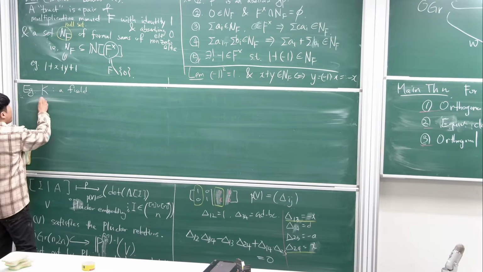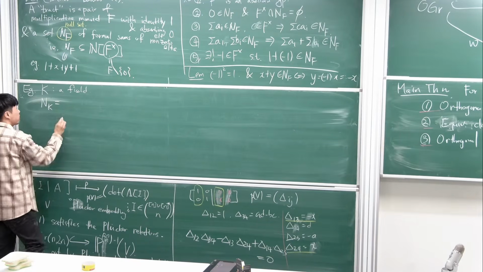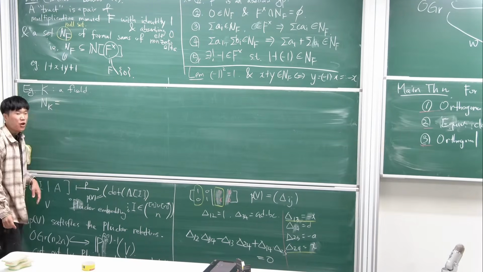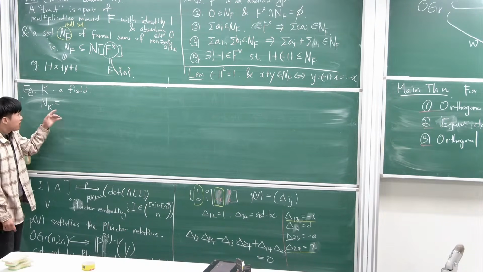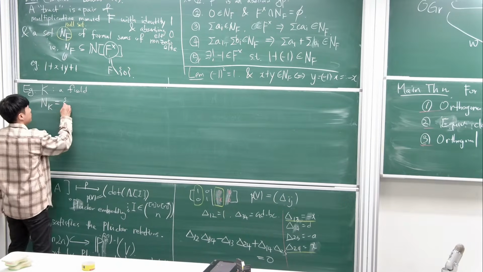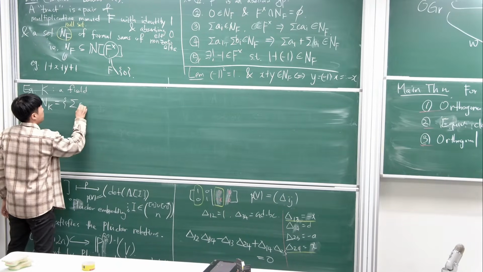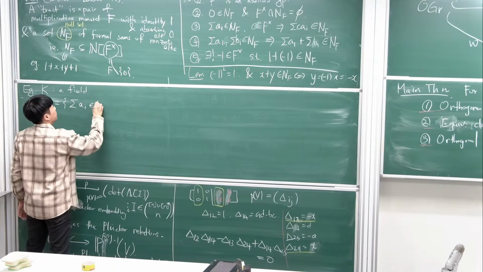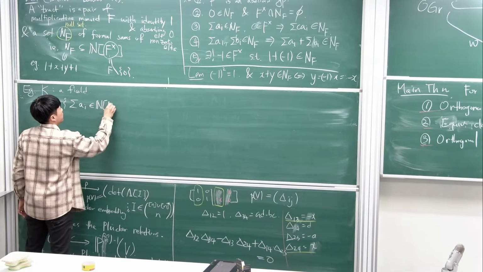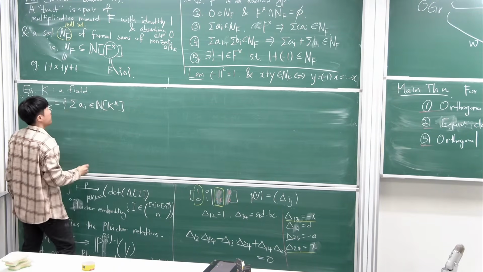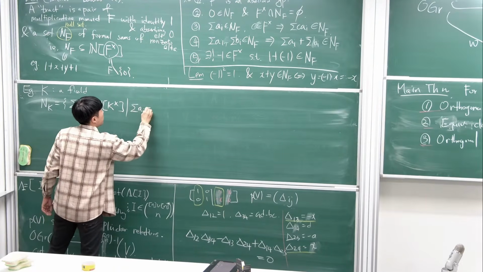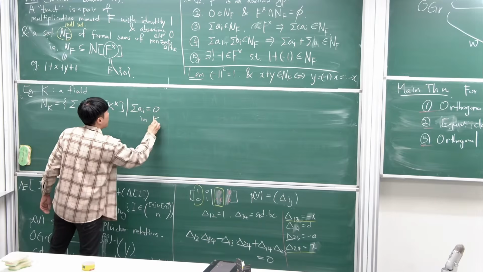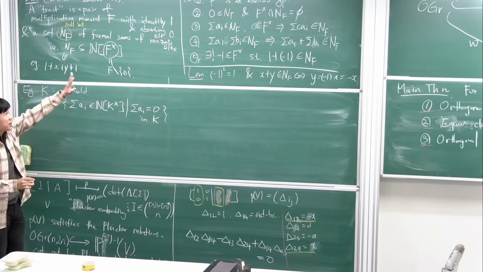If we take N_K as the set of all formal sums of non-zero elements which sum to 0 in K, then it satisfies those axioms.